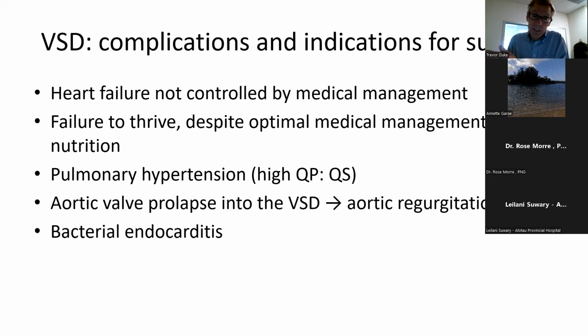Some will close spontaneously, but others, if you've got heart failure that's not controlled with medical management, or the child's failing to thrive, or they're developing pulmonary hypertension, or they've got a high QP-QS ratio, an excess of pulmonary blood flow, then they need to have an operation. Sometimes you can manage them for a period of months while waiting for surgery, but you should book all those children for surgery.